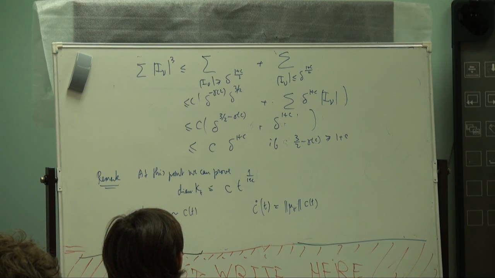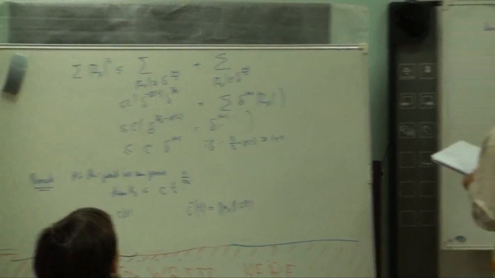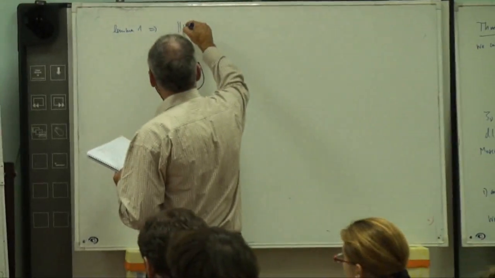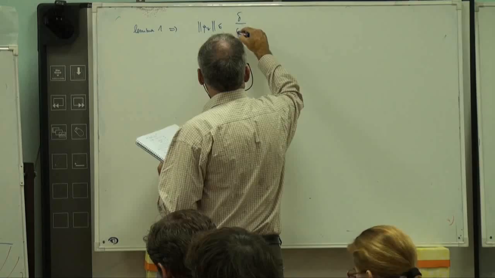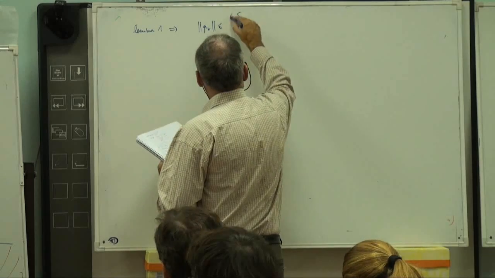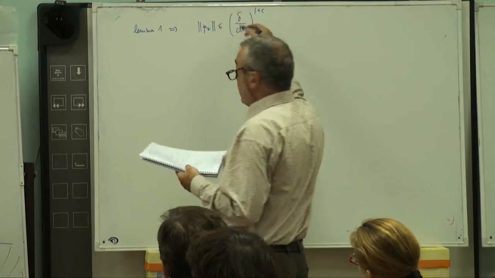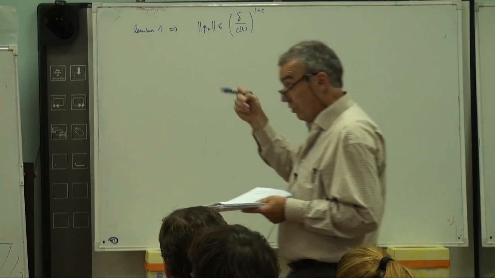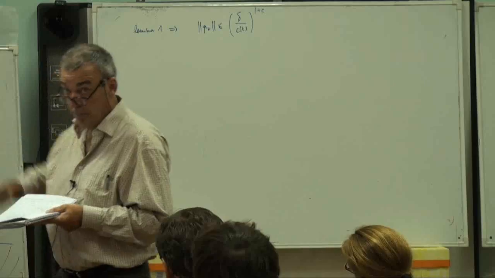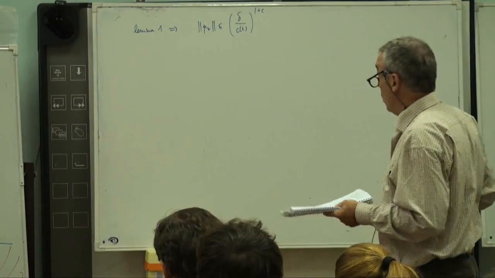Lemma 1, more precisely, implies that the norm of μ_t is less than δ over C(t) to the power 1 plus c, because again we have to normalize things in order to apply Lemma 1, which was a lemma for functions in Σ with φ'(∞) equal to 1.